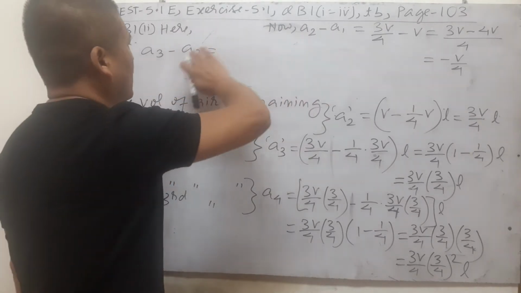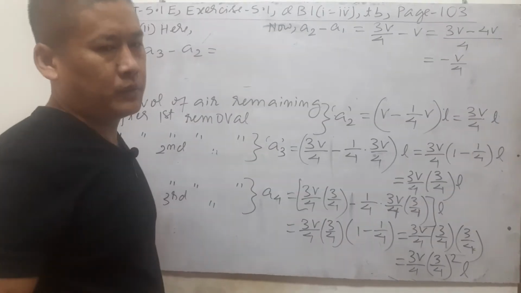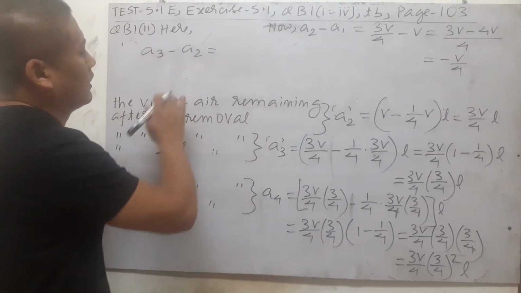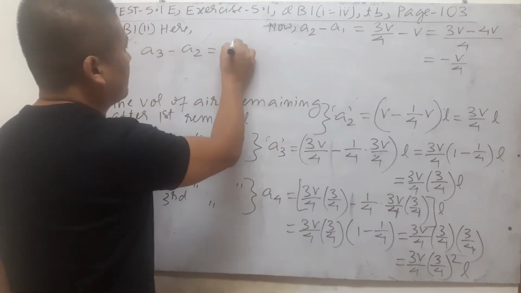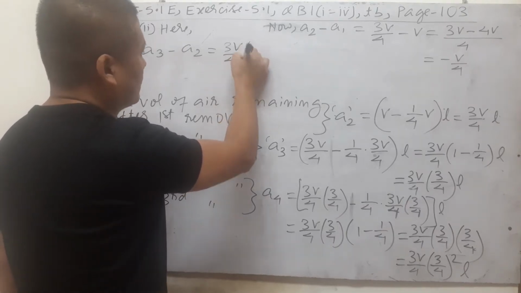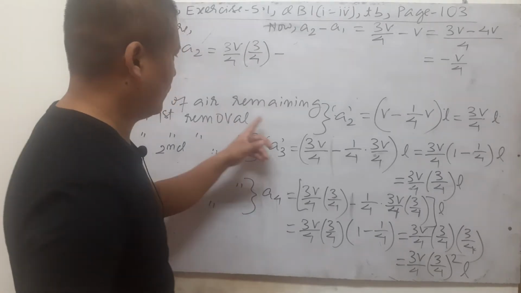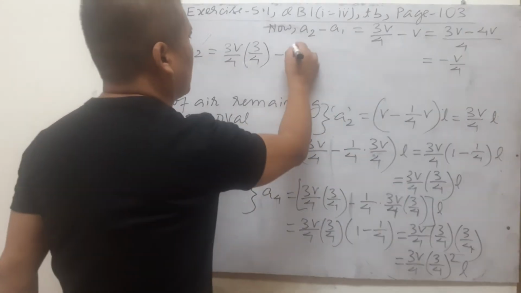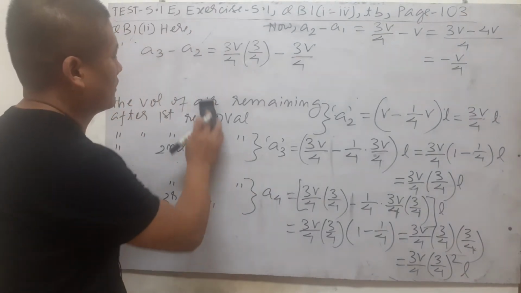A2 minus A1 and A3 minus A2 will be exactly the same. If it's not an AP, they will not be the same. So we'll find out soon. A3 here is this one, 3V by 4 into 3 by 4, minus A2, 3V by 4.